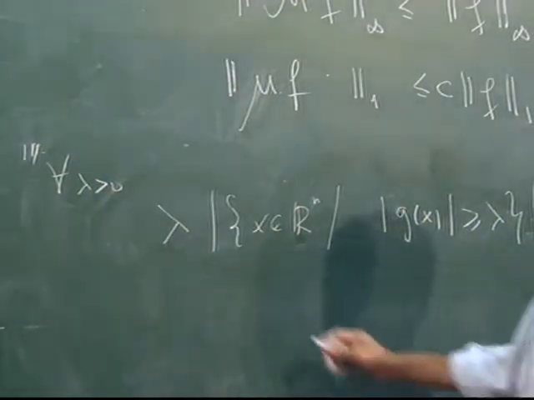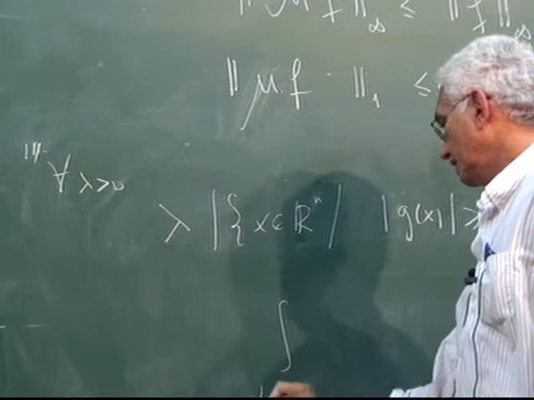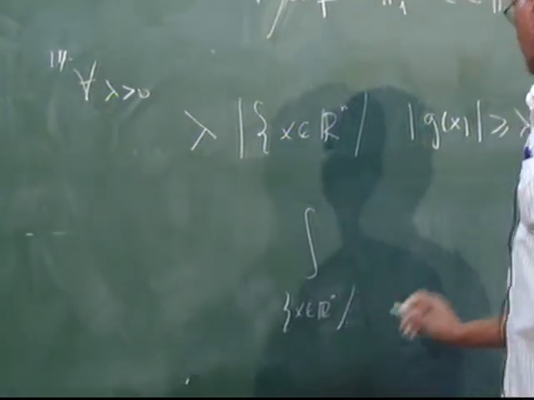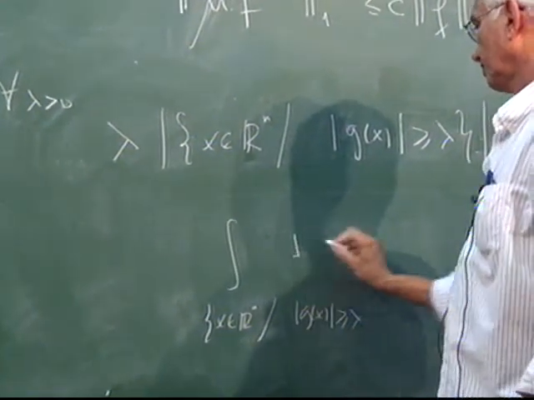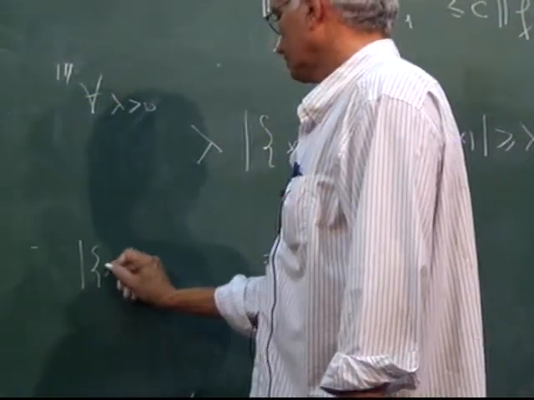Okay, why this is true is you have this set. If you integrate over the set where g of x is more than lambda, this is exactly the measure of this set.